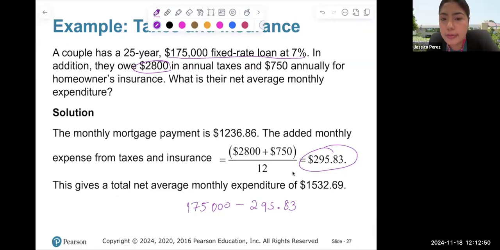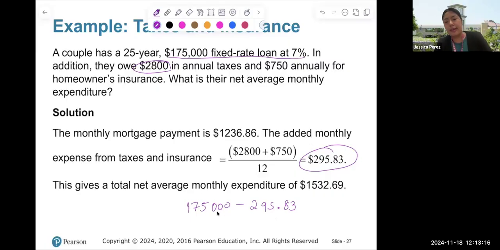For the taxes and insurance, just looking at the insurance itself, it's going to be 2,800 plus the 700 divided by 12. That gives you a total of $295.83.